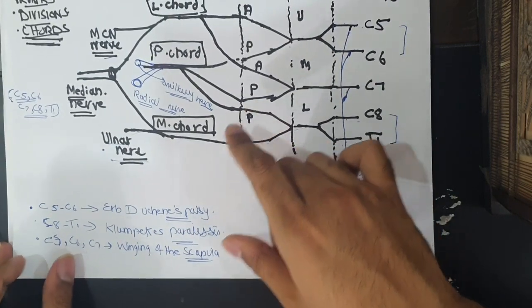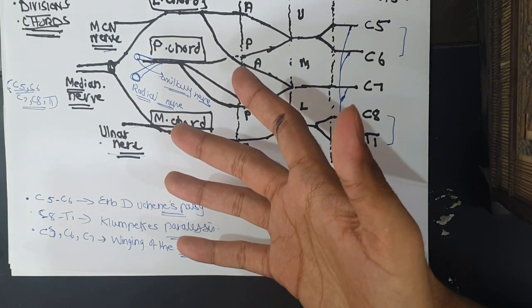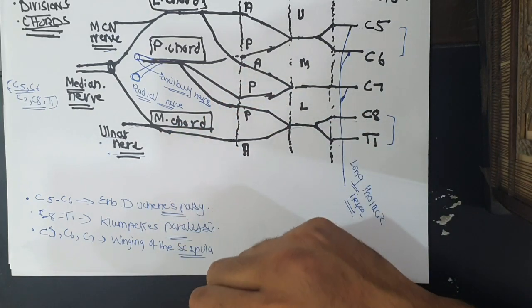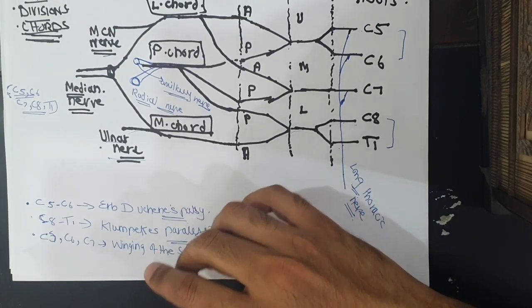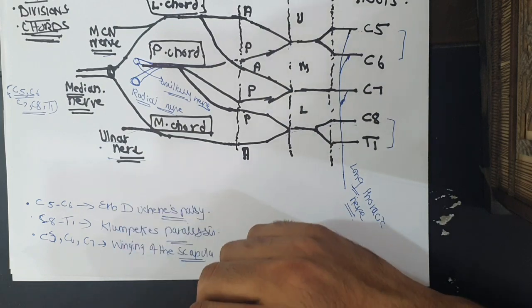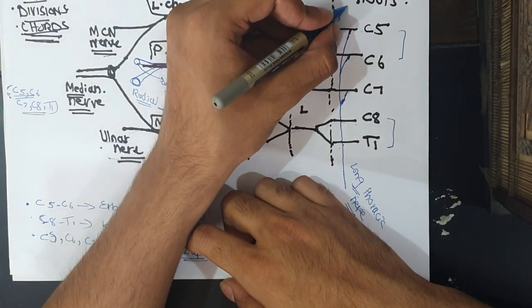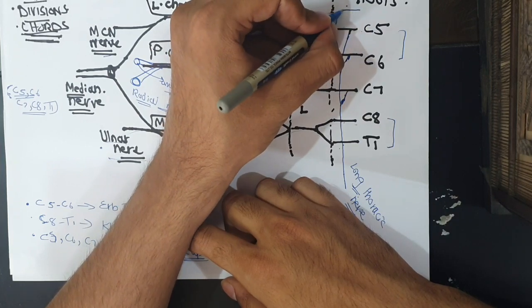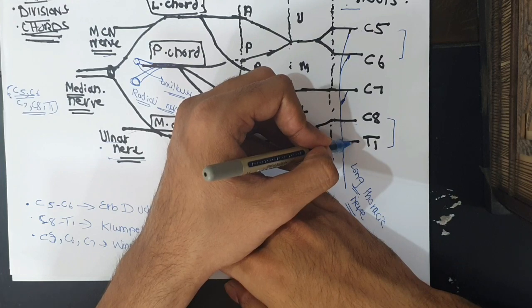Alright. Now, sometimes an MCQ is asked, what is a prefixed brachial plexus and what is a postfixed brachial plexus? A prefixed brachial plexus is a plexus which is formed due to more contribution from the C4 spinal nerve root and less contribution from the T1.